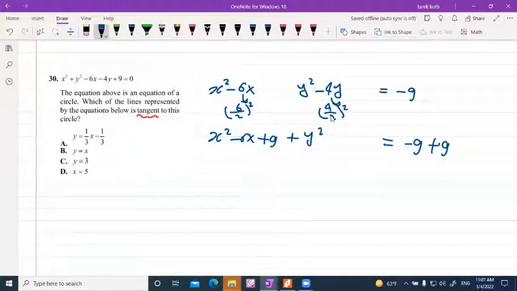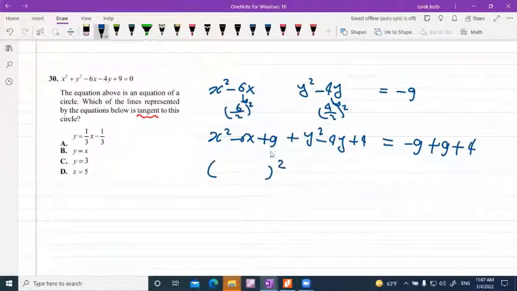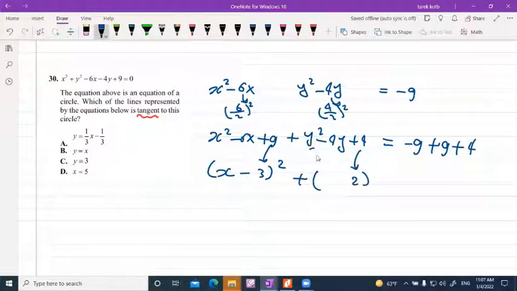So add 4 to the other side. Then the square root of this is 3 and this is x, and y minus 2. Add all these numbers and it will be 4 because 9 will cancel the negative 9.